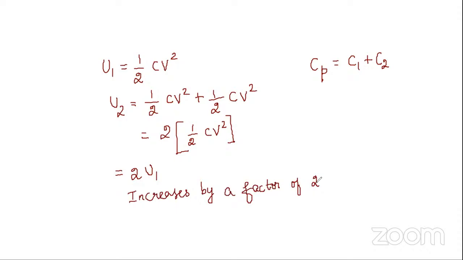But here the capacitors are connected in parallel, so the total electrostatic potential energy increases by a factor of 2. So this is option D. So this is how you need to solve this problem.